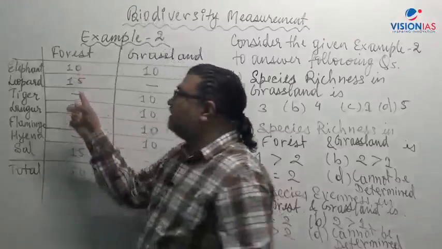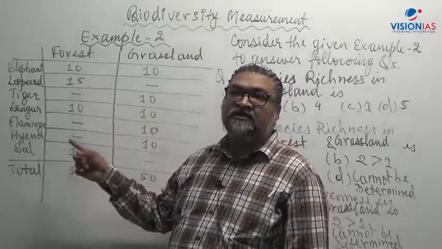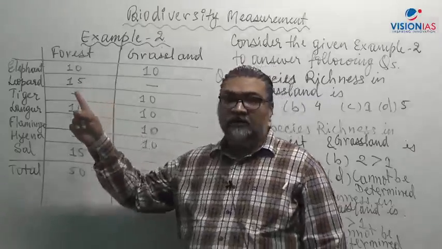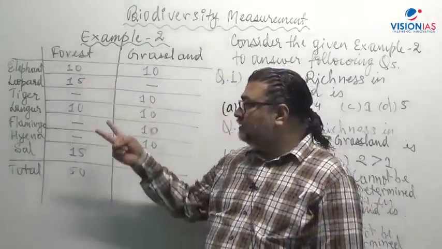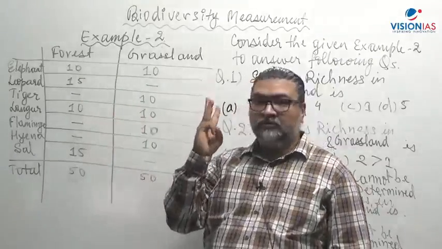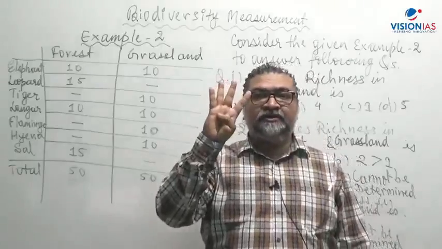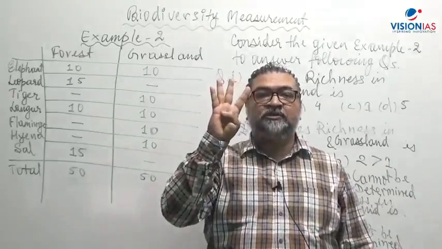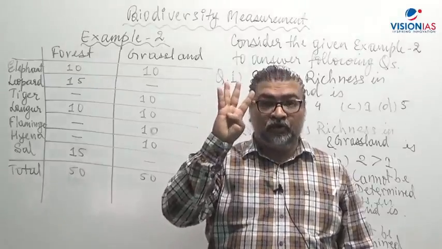How many species are there in the forest ecosystem? Elephant, leopard, and then langur and hyena: 4. In forest ecosystems, you have 4 types of species. So species richness of forest is 4.